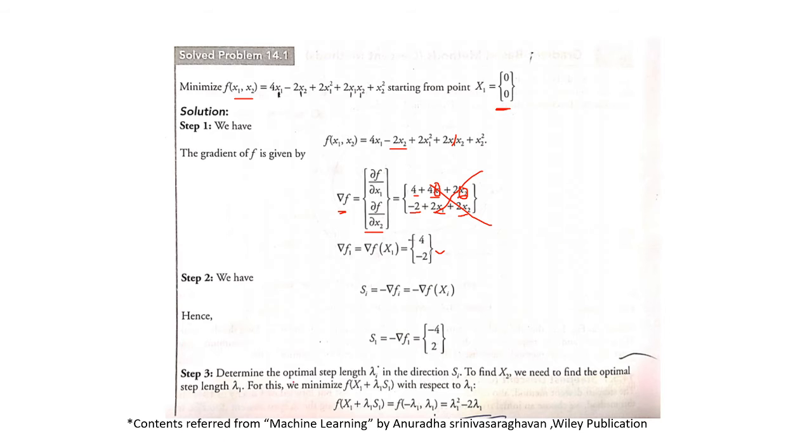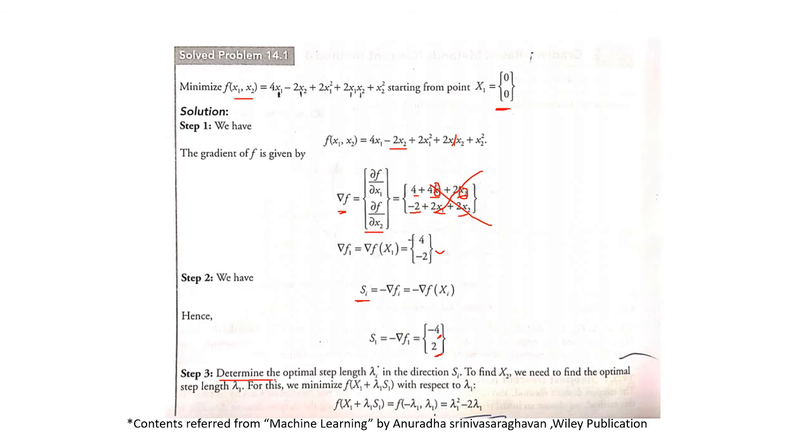But in the second step what we need to do is find the direction, which is minus delta f, so automatically the sign of the two values is going to change. So the 4 will become minus 4, and the minus 2 will become plus 2, right?